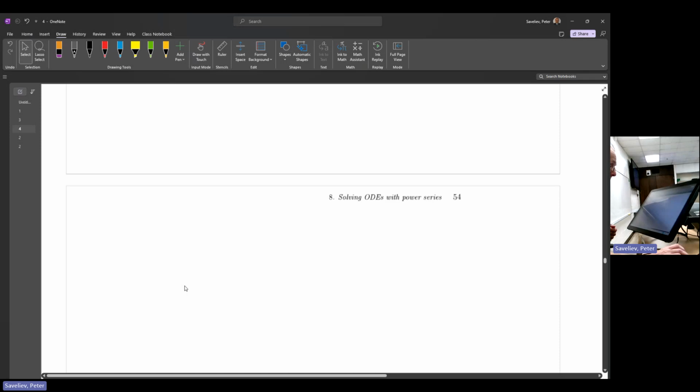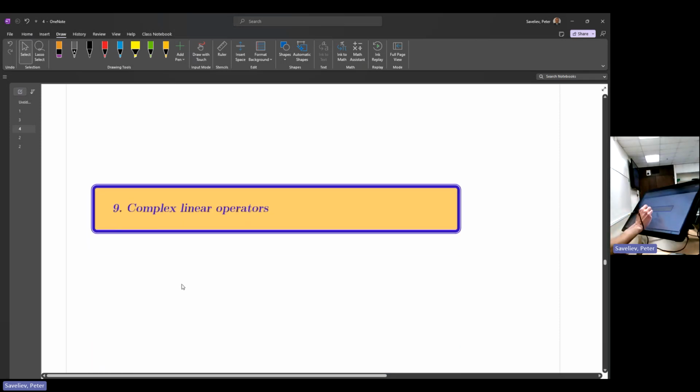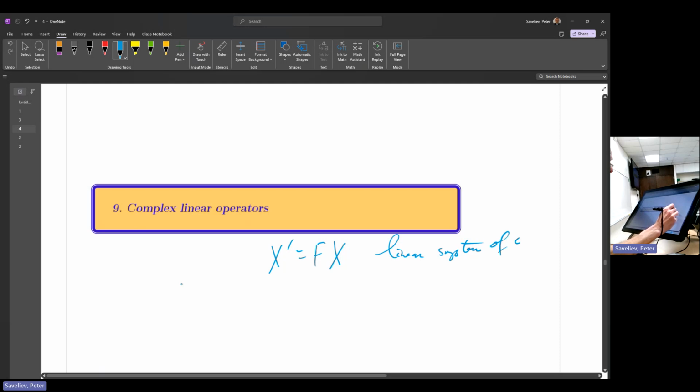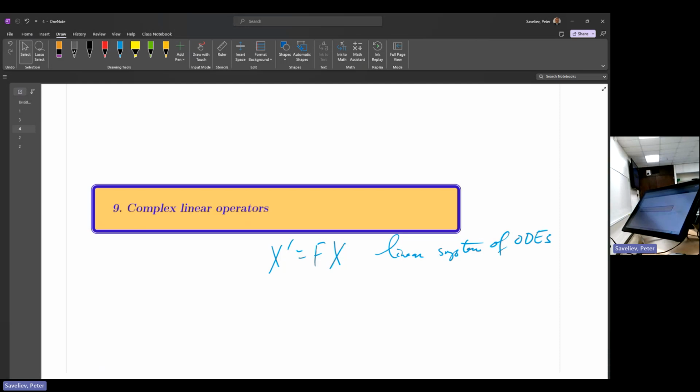So once again, to the systems, meaning this, x prime is equal to f of x. Okay, linear system. That's what we've done before, and that's what forced us into this. If you remember, it forced us to take this whole thing up and do the complex numbers.